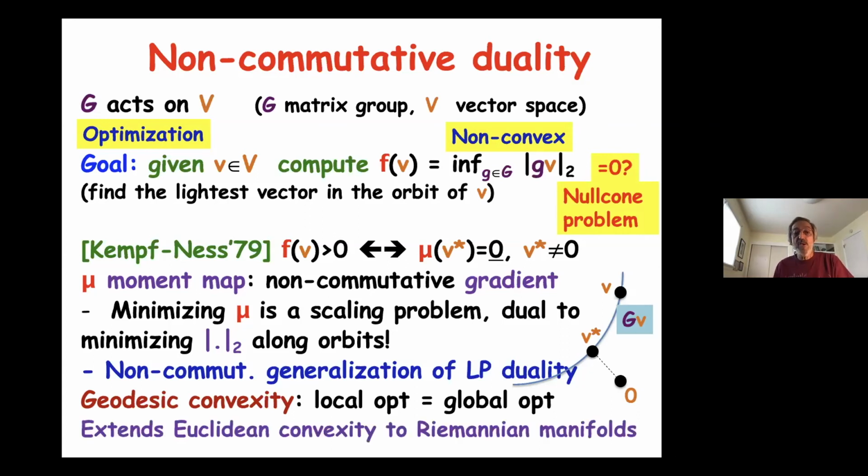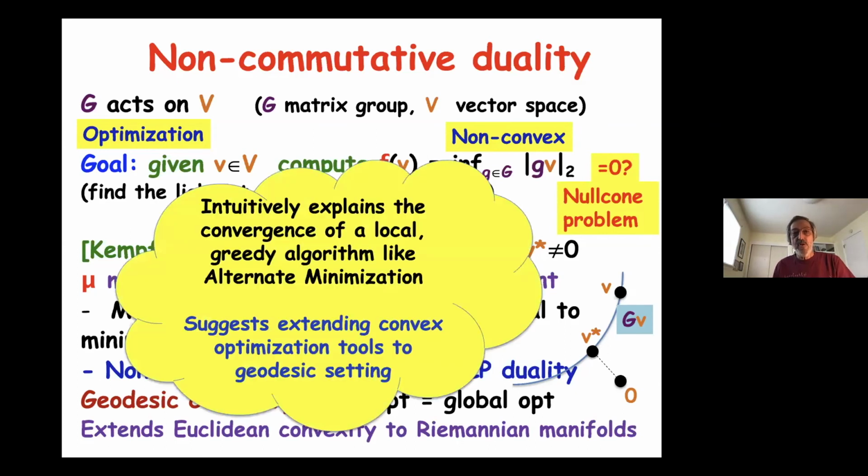And so we can imagine, and we do, in the last slide I'll show you, extending Euclidean convexity and all the algorithms that come with it to Riemannian manifolds. So this explains, at least intuitively, why, given the existence of this convexity, these naive, greedy algorithms converge. And it suggests this extension of the body of work in Euclidean convexity optimization to the geodesic setting.